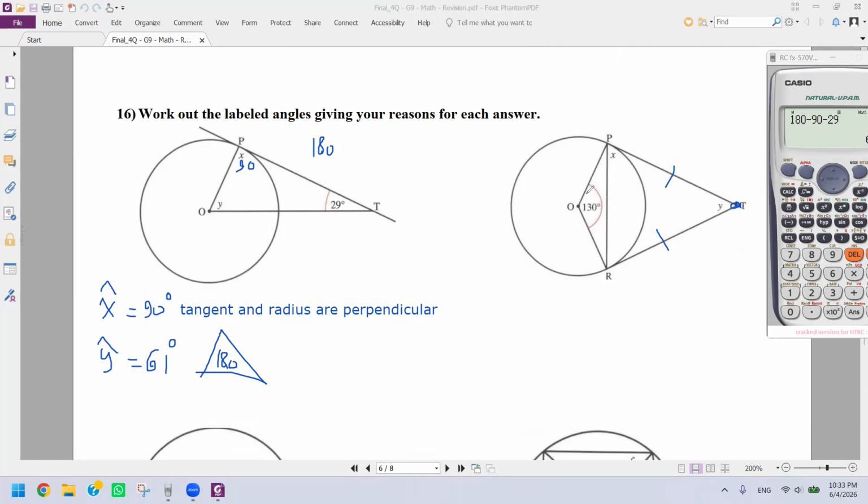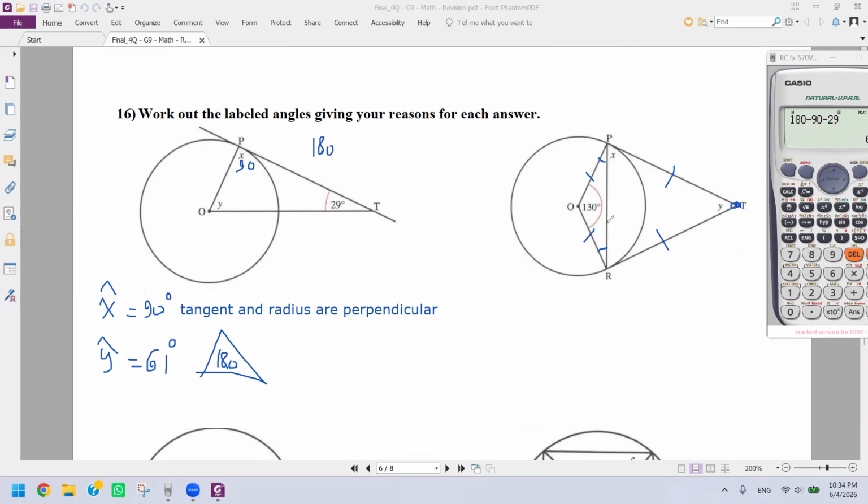I have this angle 130. This side is equal to that side. Why? These two lines are radius. Radius, radius. What does that mean? Now this small triangle here is an isosceles triangle. What does that mean? An isosceles triangle has two sides equal and two angles equal.